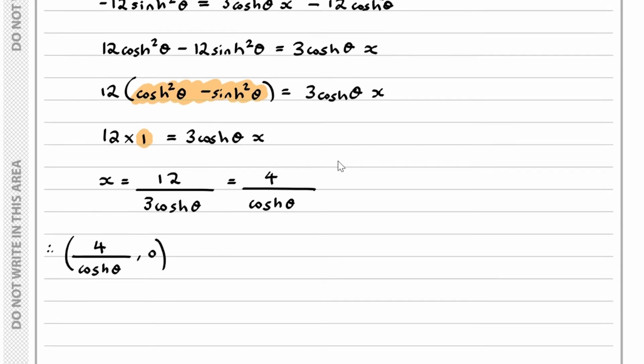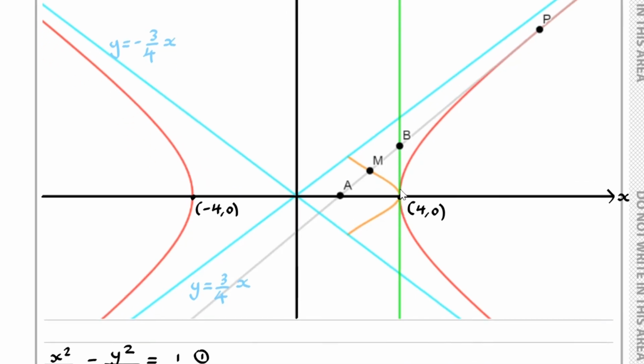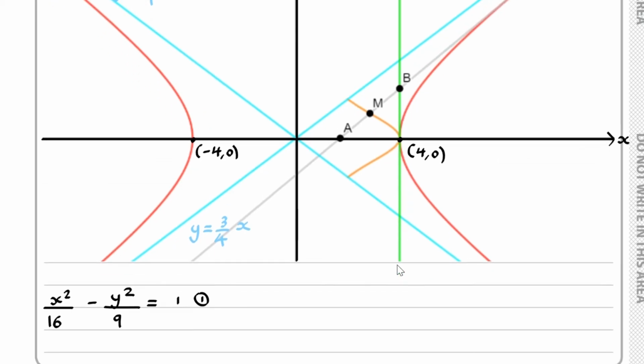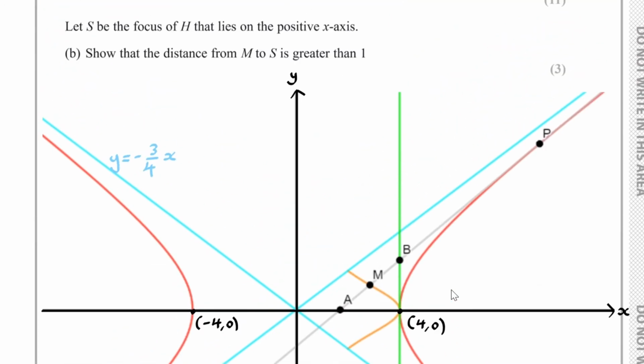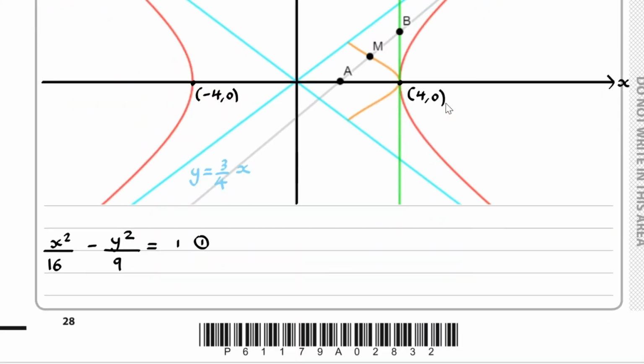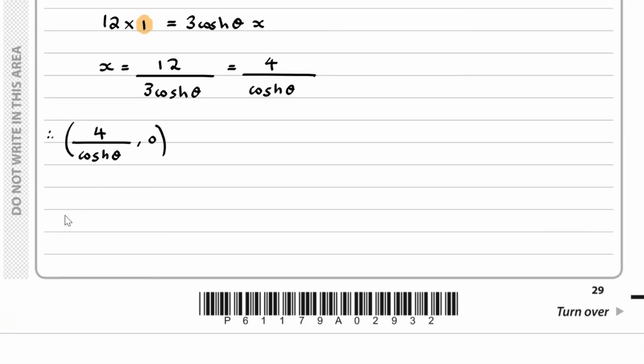So now we can find the coordinates of B. We know that B intersects L1 at the point x equals 4, because this equation over here is x equals 4. So let's just add this to the diagram. Here we have x equals 4. So when x is equal to 4, what do we get?